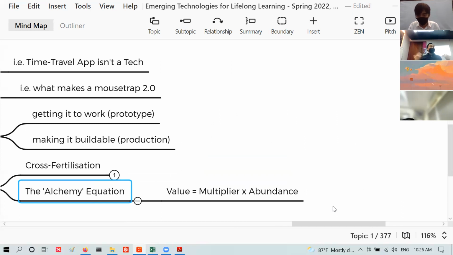So the multiplier is 3,000, multiplied by the abundance. Now, this is where, when you watch the videos and select the idea, you will be in awe of an innovative solution precisely when you see this equation.